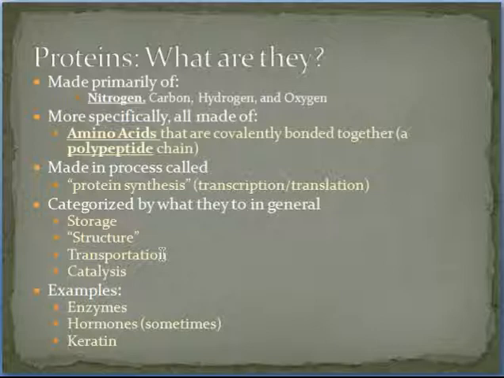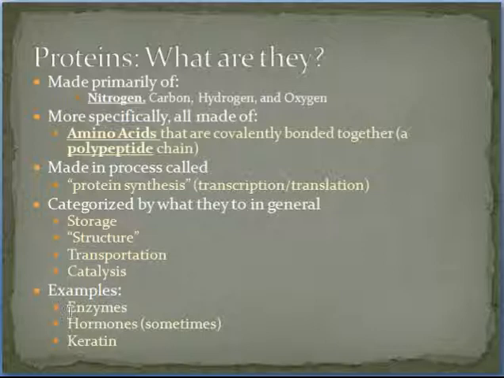They can also be used for transportation. There are lots of proteins that sit on the cell membrane and make sure things get in and out of the cell as they want them to, or as the cell needs. And they're also used for catalysis, like enzymes.